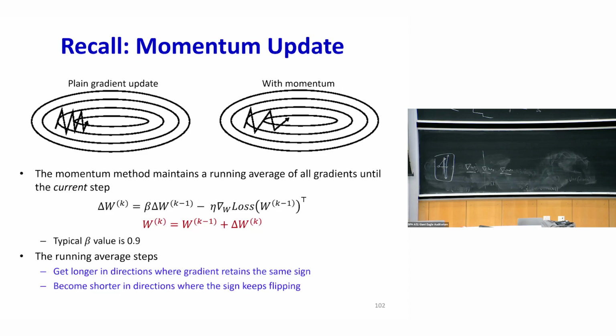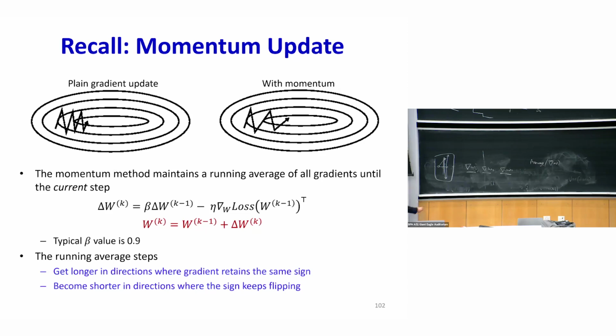And so we want to compute the expected or the average delta W. But then you can't wait to compute the average delta W before you make an update. So what we will do is to maintain a running estimate.